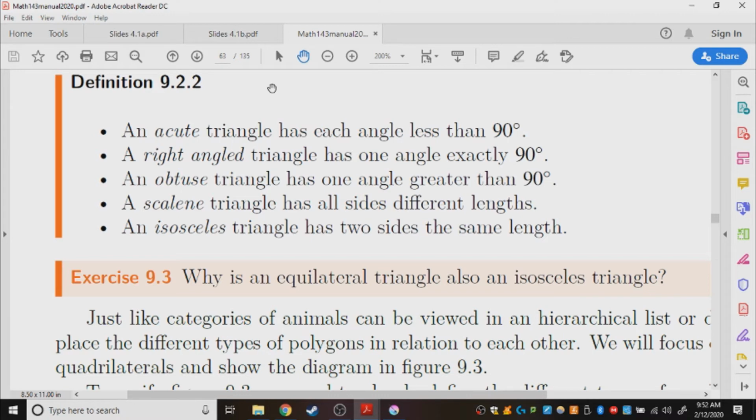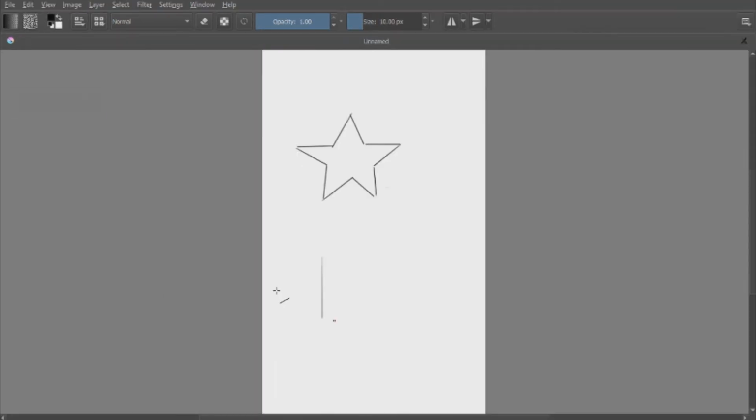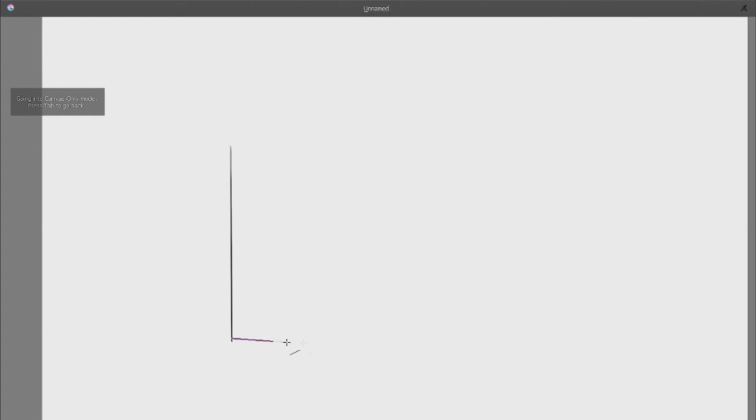Can I have two angles of 90 degrees? No. I only have three sides, so it's going to be tough. But these are the things I need to think about, right? If I have one side, now I need to have my other side at 90 degrees.